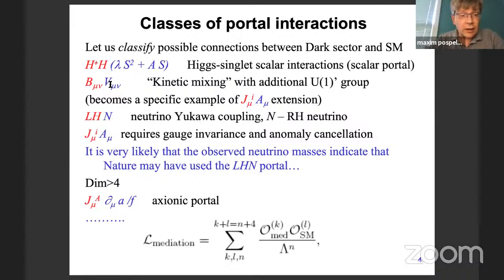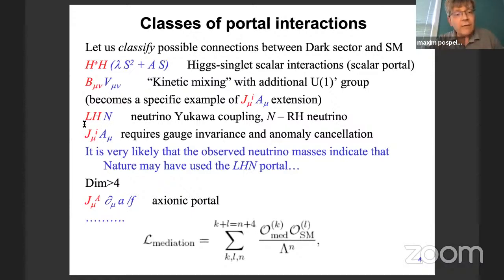These are all dimension 4 and lower operators, so we have to start from the lowest dimension. This is probably the most interesting or the most famous portal that takes a composite fermion LH and mixes it with a new fermion N. So when the Higgs goes to its VEV, that creates a coupling between the active neutrino and the new N state, which can be called the right-handed neutrino.